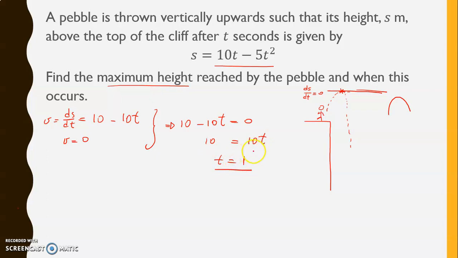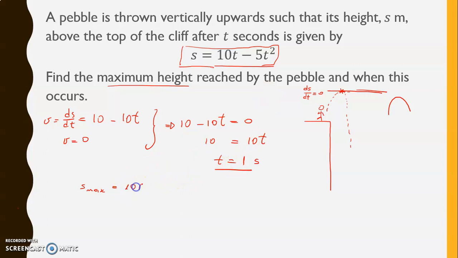So at t equals 1 second, we have the maximum height. Now the question is, what is the maximum height? So we still have to find that. The maximum displacement, s max, is given by the displacement function when t equals 1.